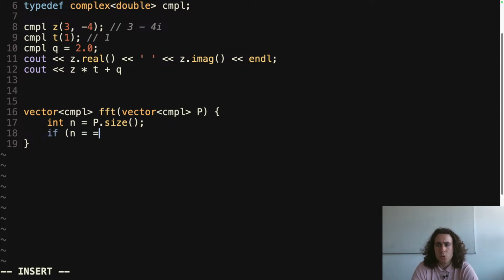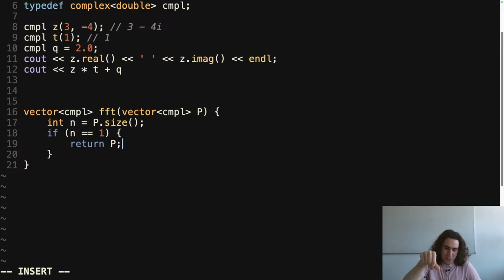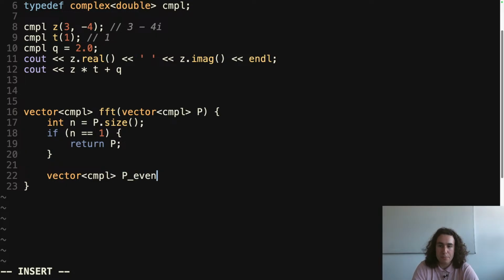So if n is equal to 1, if that's a polynomial of size 1, so it's just a free coefficient, then there's nothing to do, right? I just return p. But now this p means something different, right? Now this is the value of this polynomial at point 1, which happens to be the same as its free coefficient. Otherwise, I need to separate my polynomial into p even and p odd.